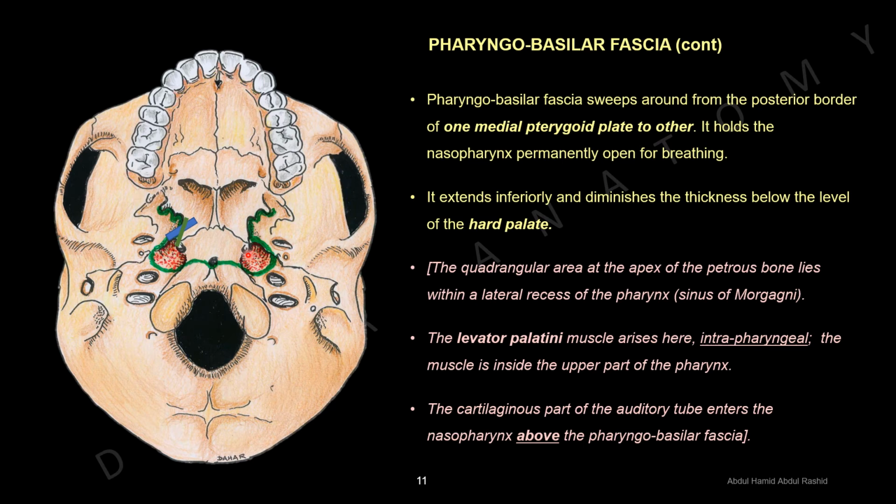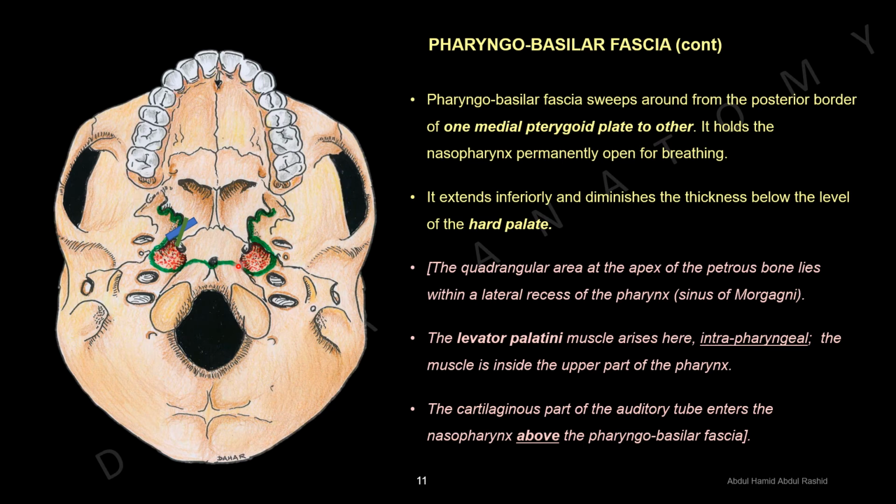Okay. Next is the quadrangular area of the apex of the petrous temporal bone. This is the one we have already mentioned. If you see here, the pharyngobasilar fascia is here. This area is now within the lateral recess of the pharynx. So this little recess here is called the sinus of Morgagni of the nasopharynx.